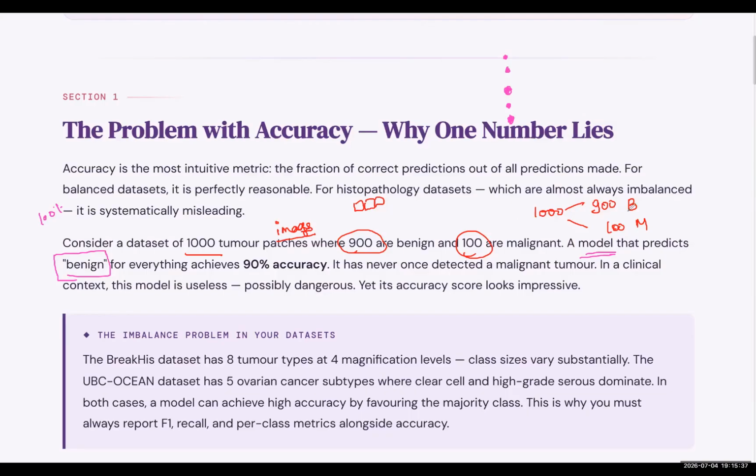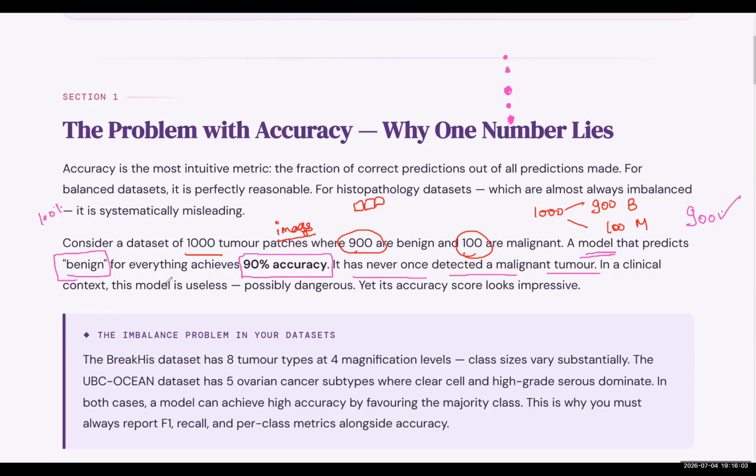Right? Now, if everything is benign, you're still getting 900 correct answers, right? Without learning, blindly, it is telling all the patches are benign. Still you're getting 90% accuracy even though your model has not learned anything. So it has never once detected any malignant tumor.